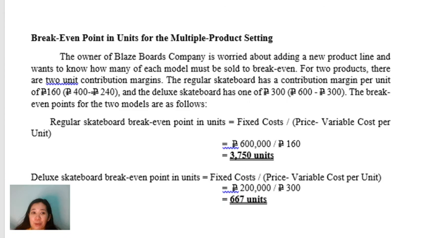So how do we solve for the break-even points? If you notice the presentation, they computed individually the break-even points for the regular skateboard and for the deluxe skateboard. According to the solution, the company should sell 3,750 units of regular skateboards and 667 units of deluxe skateboards to break even.